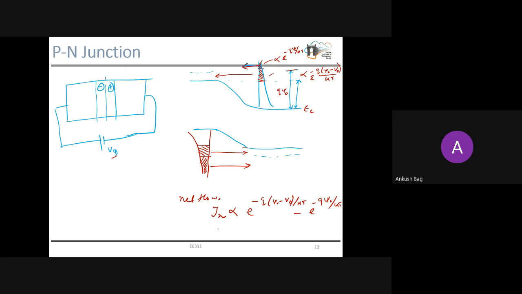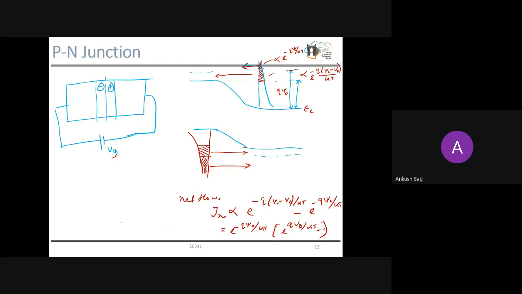Now if we just see this, e to the power minus q psi naught by kT, taking it common, we get e to the power q Vd by kT minus 1. This is nothing but your diode equation.